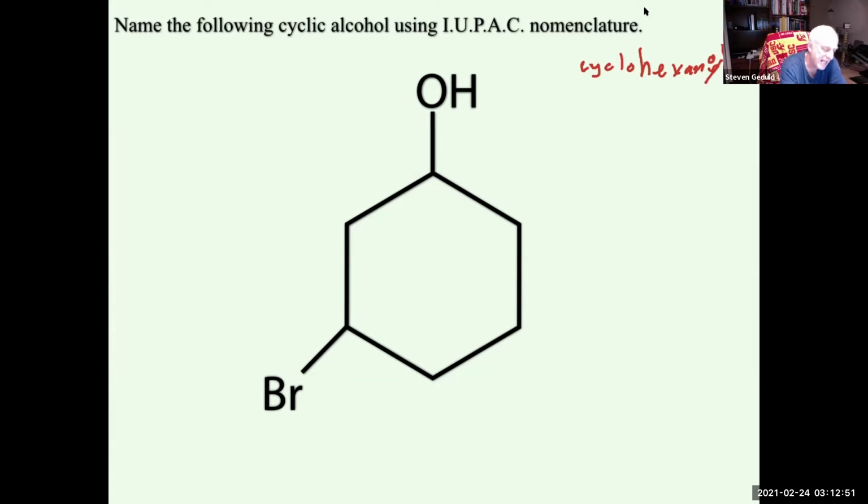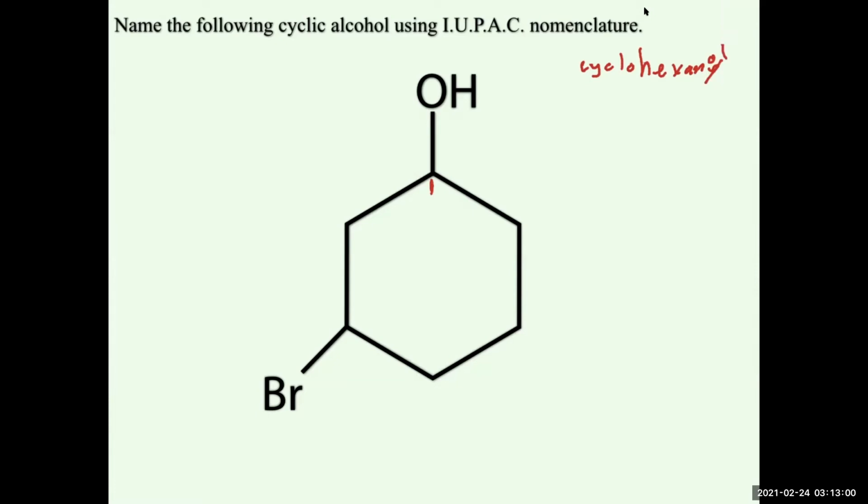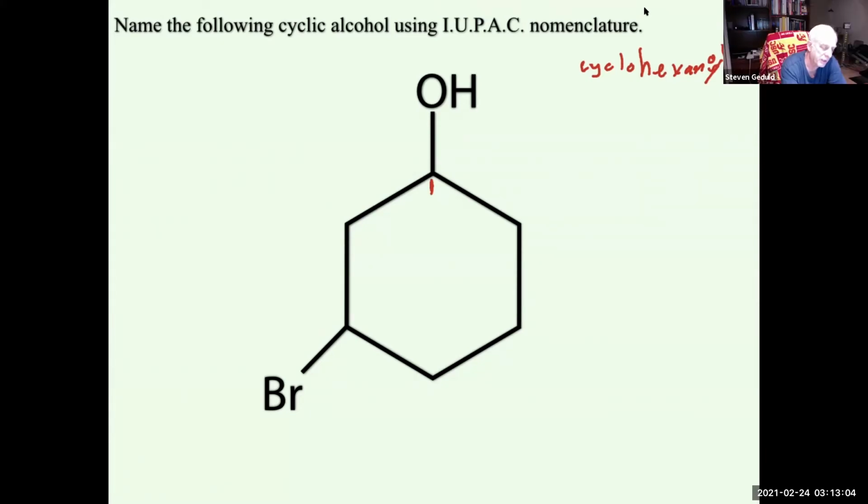Okay. This has to be the number 1 position by definition. So what position is the bromine at? 3. Perfect. So you would have 3-bromo-1-cyclohexanol. Okay, that's how you would number it.